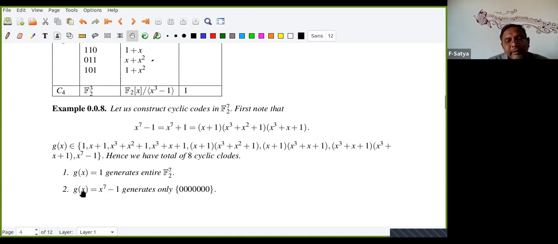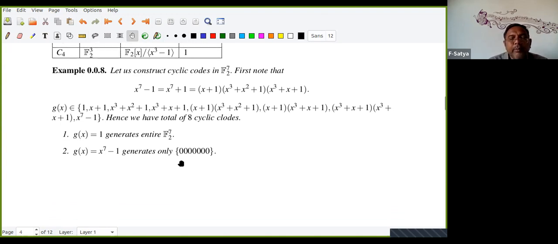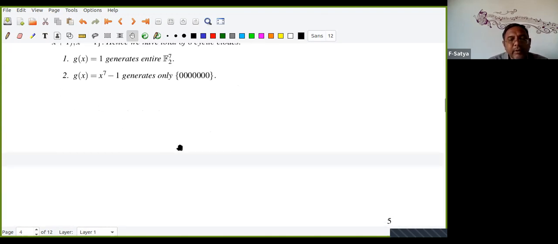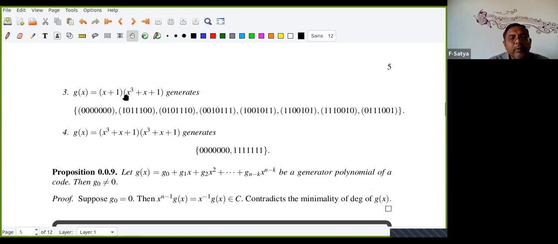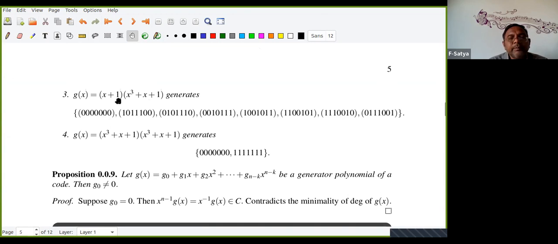If I take g(x) equal to the entire x^7 minus 1, it generates only the zero code. This is also a cyclic code. I took two extra examples: x plus 1 and x^3 plus x plus 1. Its degree is 4, then what polynomials can I multiply it with? Degree 3, so that's why I'll get 8 codewords.